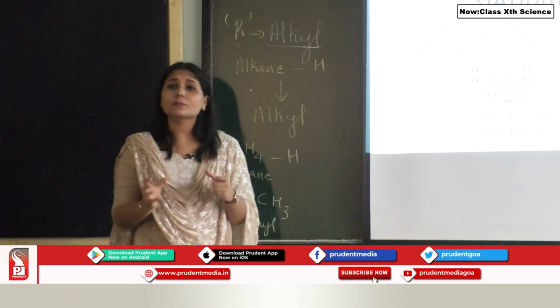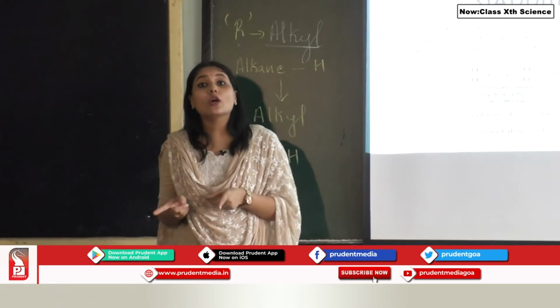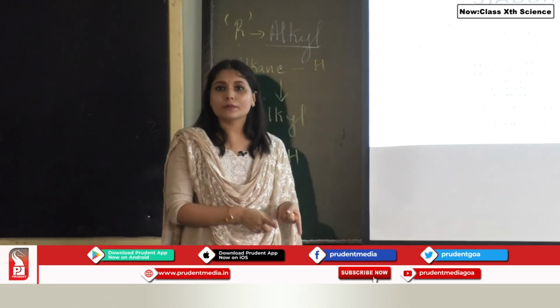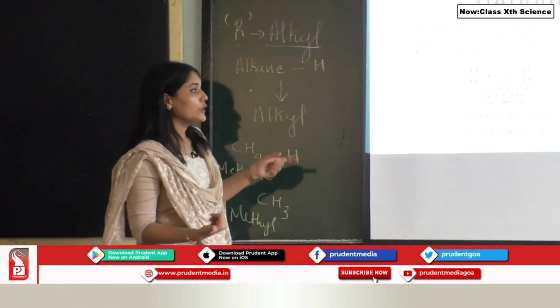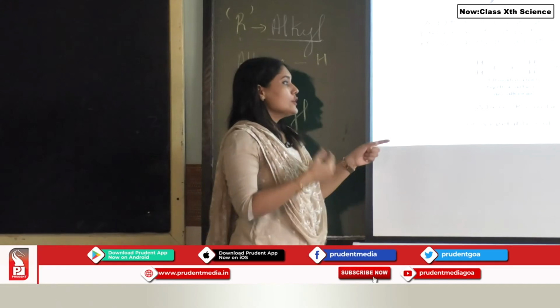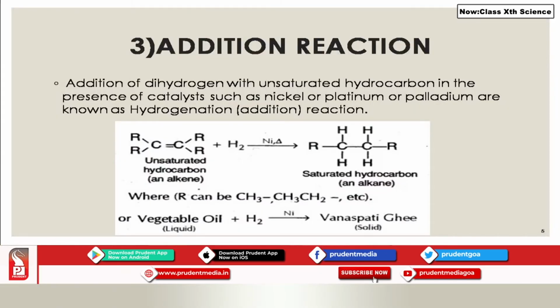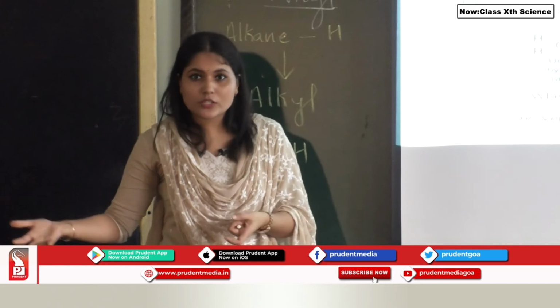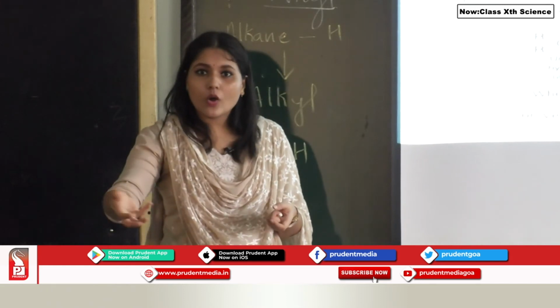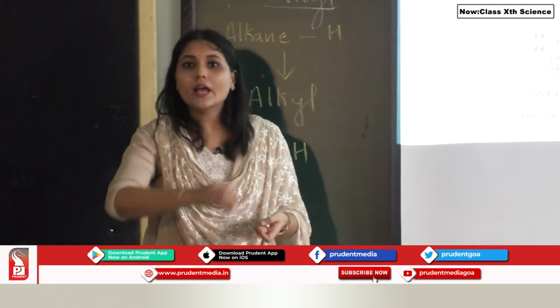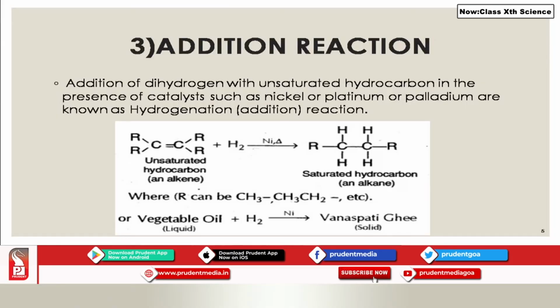Now exactly what process has to be carried out in order to convert the normal vegetable oil into vanaspati ghee? The reaction being utilized is the hydrogenation reaction. Vegetable oil is the oil that you use in your normal cooking: sunflower oil, soya bean oil, groundnut oil, any oil obtained from a plant source.